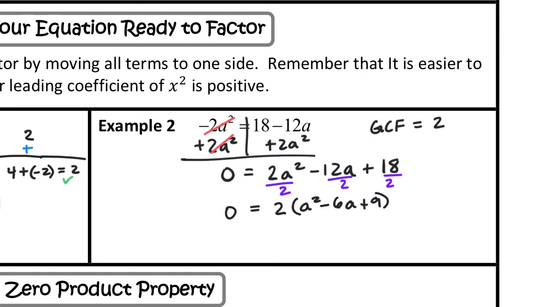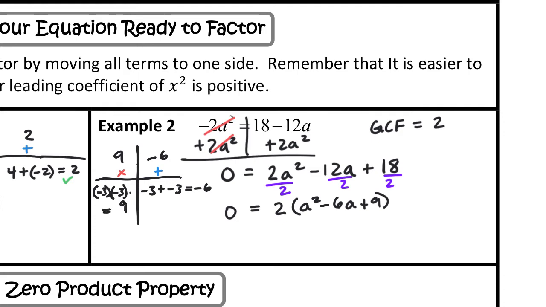But basically, if I try the table method, I'm looking for 2 numbers that multiply to give me 9, and 2 numbers that add to give me -6. So you would come up with -3 times -3 gives me +9, and -3 plus -3 gives me -6.